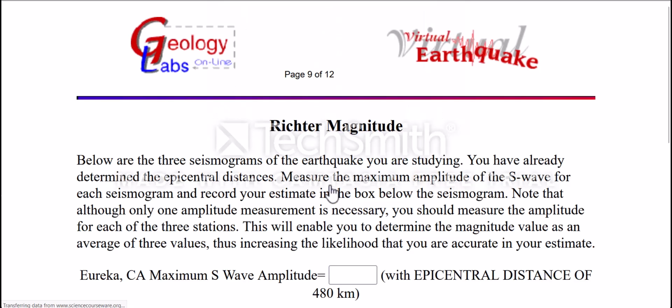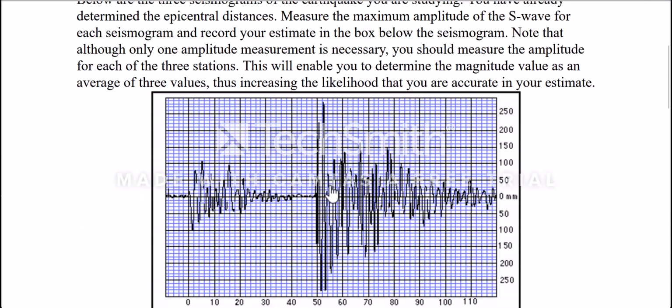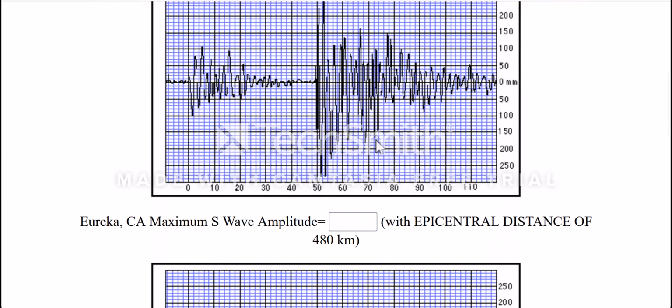Okay, so here we go. We need the size of the largest S wave now, right? So that's going to be this one right here. Let's get our scale right. 200, 210, 220, 230, 240, 250, right? So each of these is 10. So 250, 260, 270, 280. It's kind of in between 280 and 290. We can get fancy and go with 285.